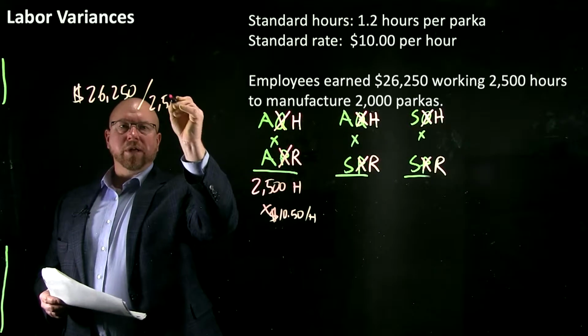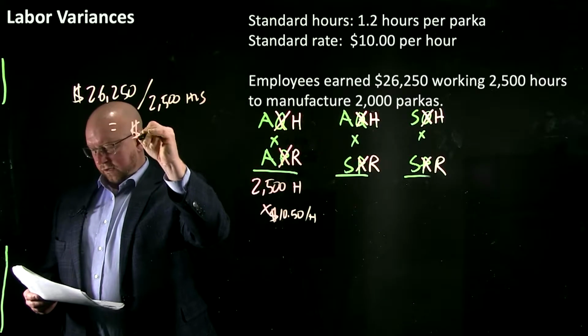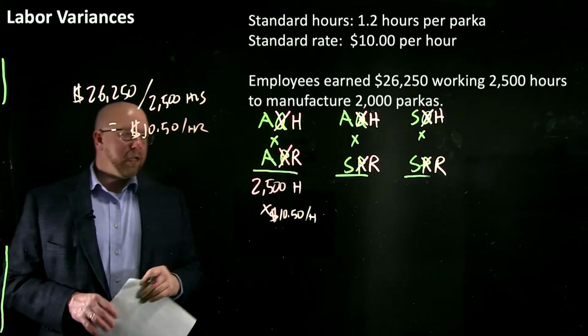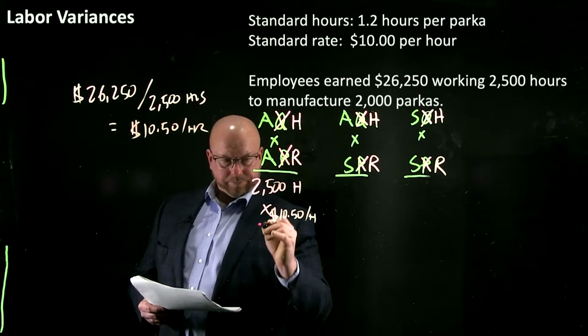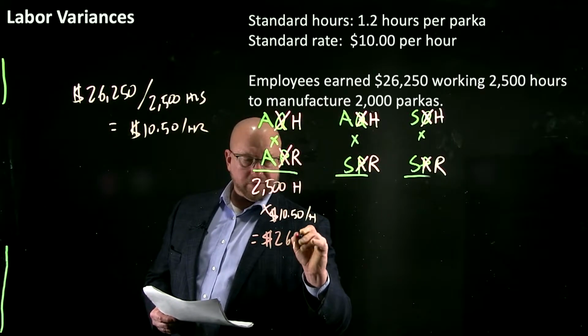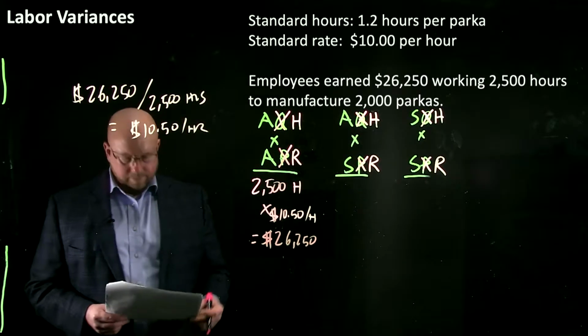Employees worked 2,500 hours. That comes out to an average of $10.50 per hour. There. All right, let's go back over here. Multiply those together. We get $26,250. We're halfway to a labor rate variance.